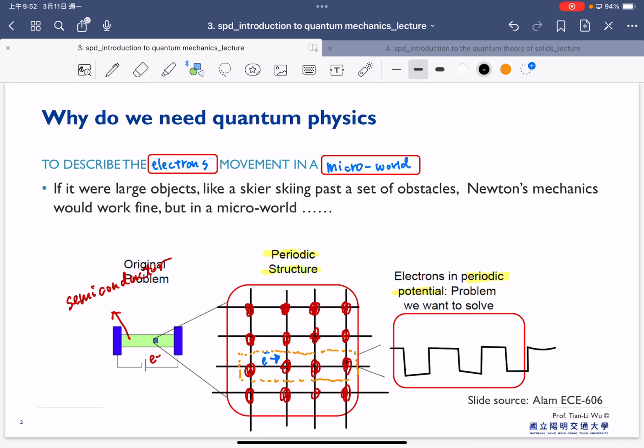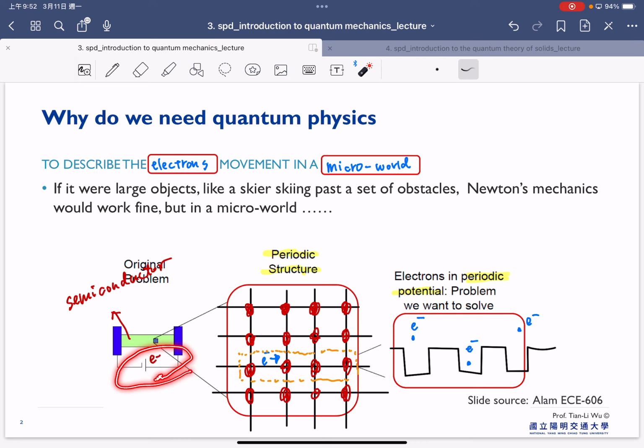Now the question becomes, we want to understand how the electron moves in a place with the periodic potential. The electron can be here, or inside here, or back to here. That's exactly the question that we want to solve. Let me illustrate again. In the beginning, the question is very straightforward: we are curious how electrons move inside the semiconductor material.